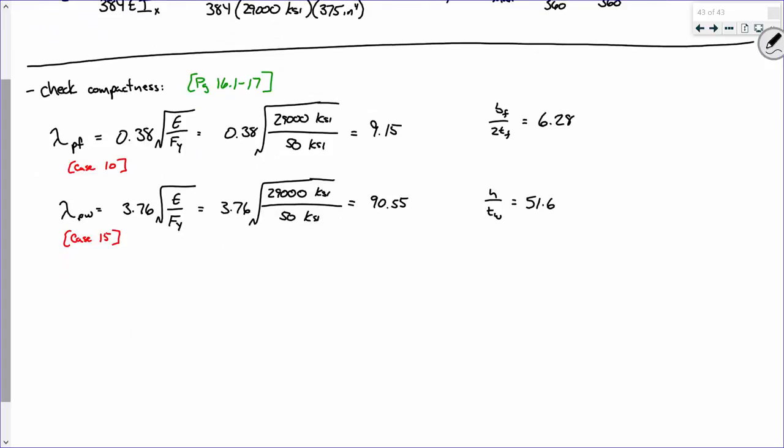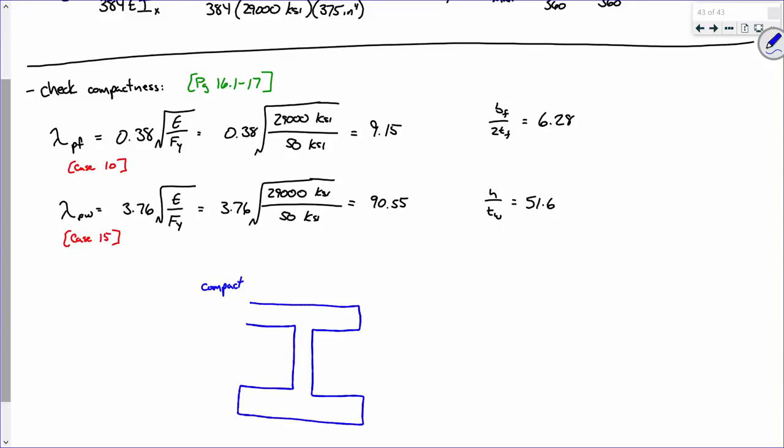Look, here is a compact shape. Now here's a slender shape. See the difference? Okay.